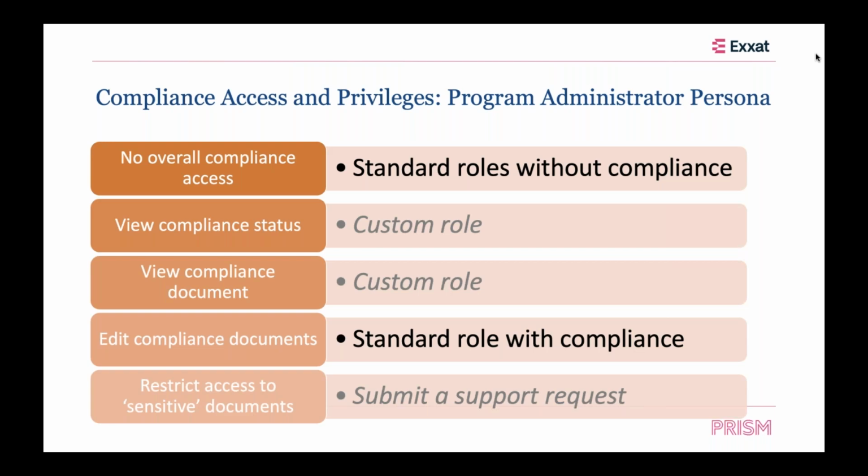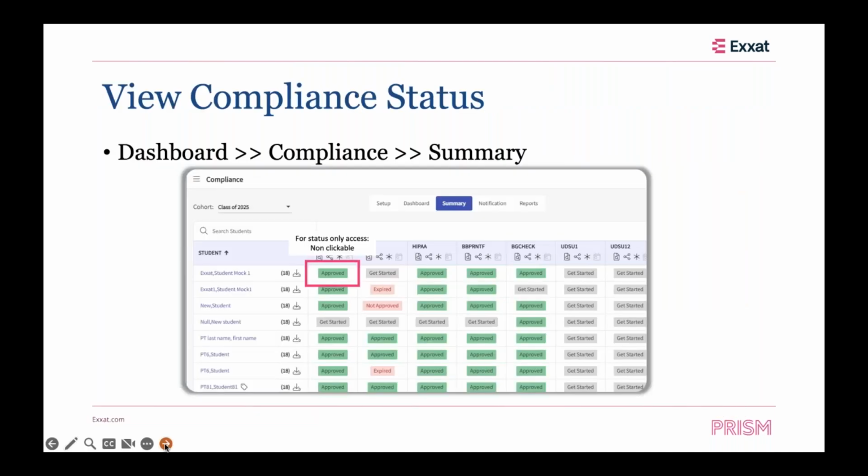Let's see how these things look in our product. So we can go to the next slide. Okay, so the dashboard which Vishakha had shown earlier, you can choose compliance from there and come to a summary tab, and this tab shows the status of compliance for every student of your program against every compliance requirement you have.